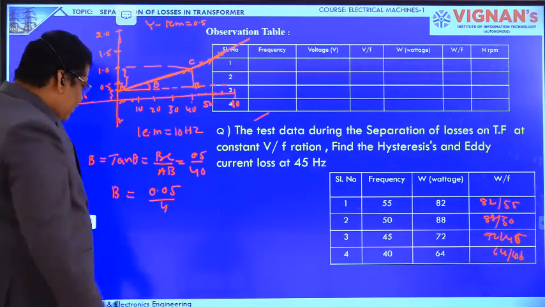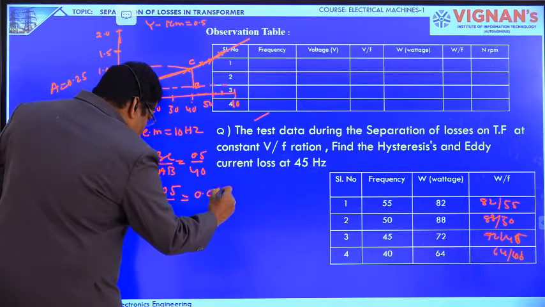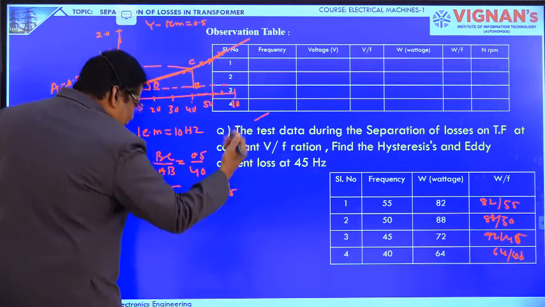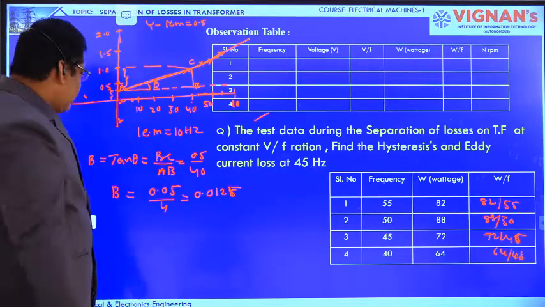Then you can simplify; approximately you are getting 0.0125. This is not exact, you have to work it out.